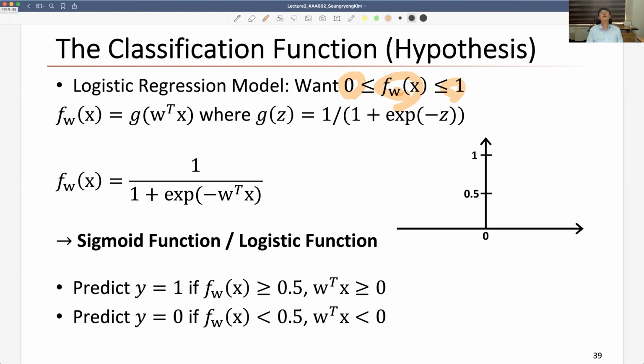If you remember the regression problem, the output of the mapping function can be any continuous value. But in this case, we want to make this output from 0 to 1. So to do this, we introduce a new function, the z function, whose shape is something like this.